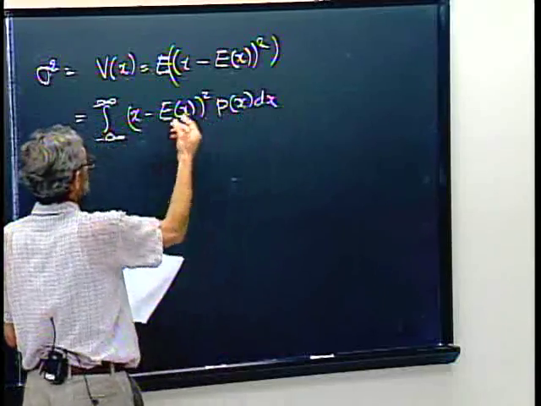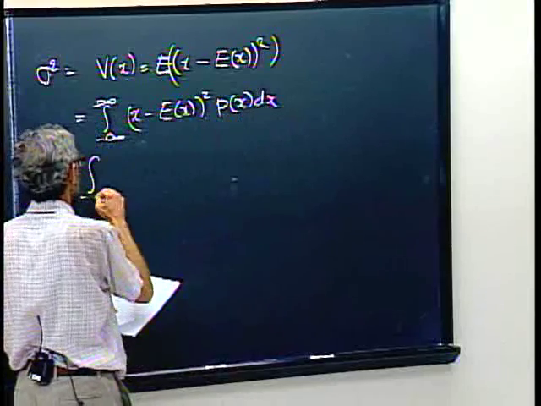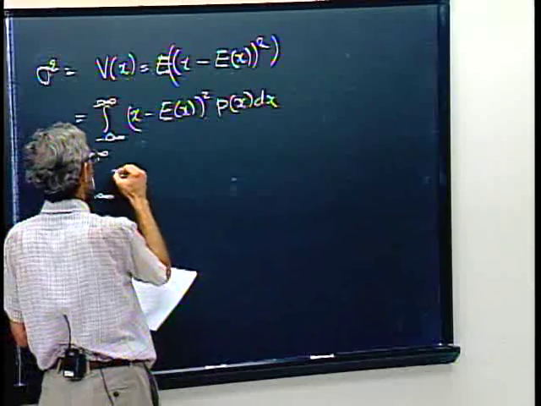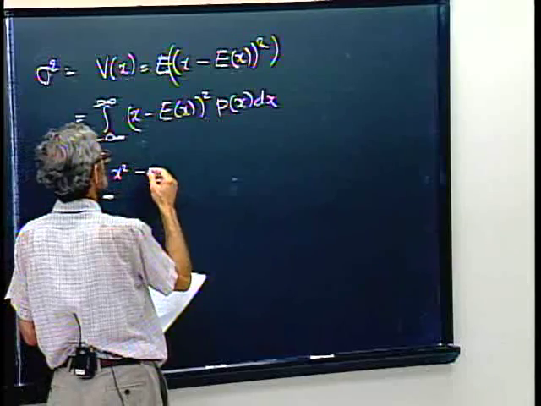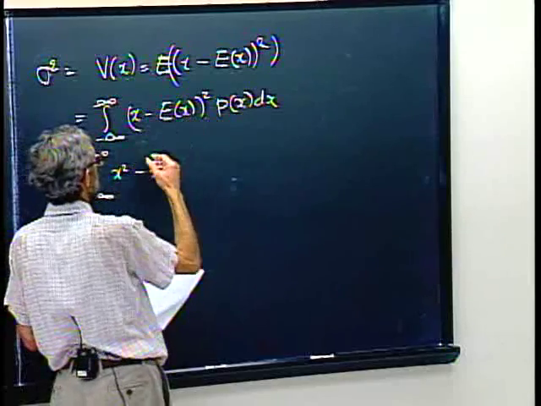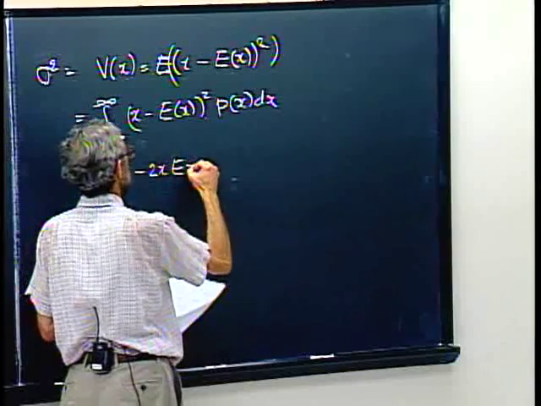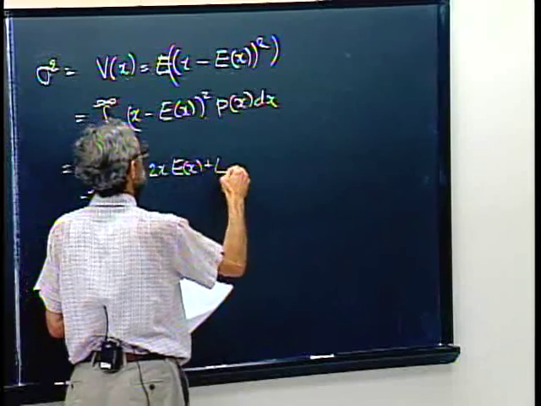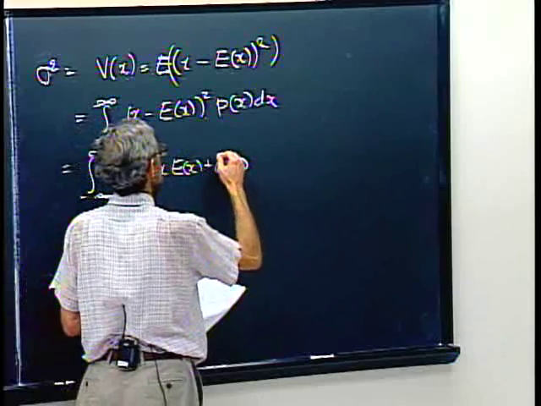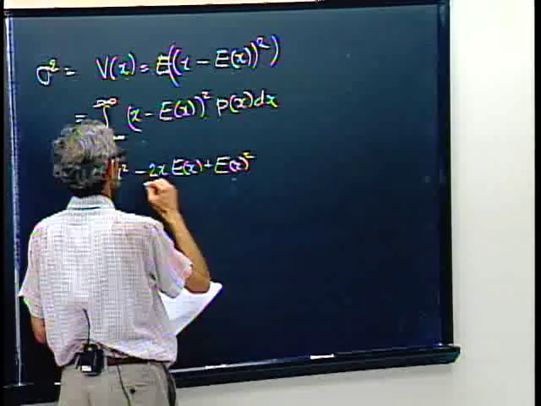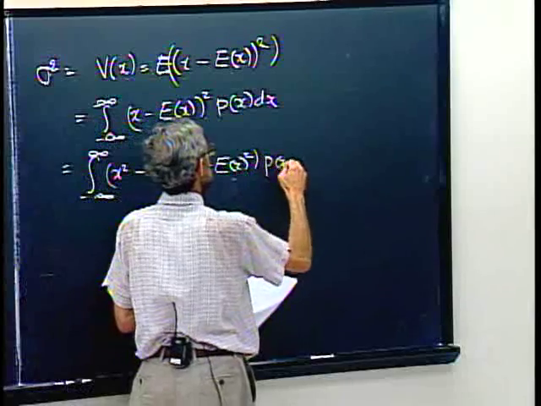And now I'm going to multiply out what's under there. x squared minus, and this could have been a function too if I wanted, twice x E of x plus E of x squared, times p of x dx.